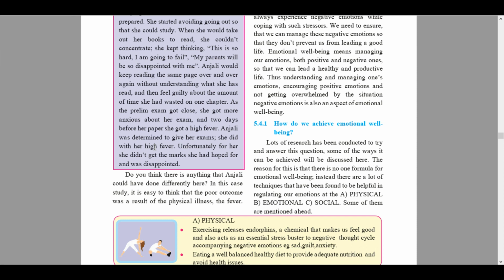In this case, it is easy to think that a poor outcome was a result of physical illness, the fever. But it wasn't. The fever was brought about by her own doing. See, if she's very stressed, she'll miss sleep.